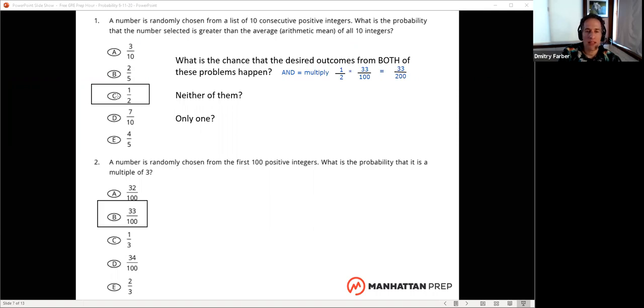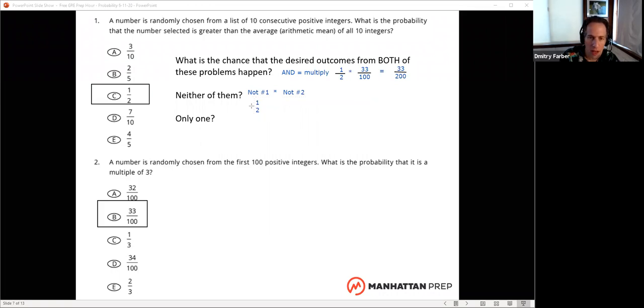So what's the chance that I don't get a yes on the first question? Right, I need to find the chance of not number one and then multiply it by not number two. So the chance that I don't get number one is still 1/2, right? Because if there's a half chance that it does happen, there's a half chance that it doesn't happen.